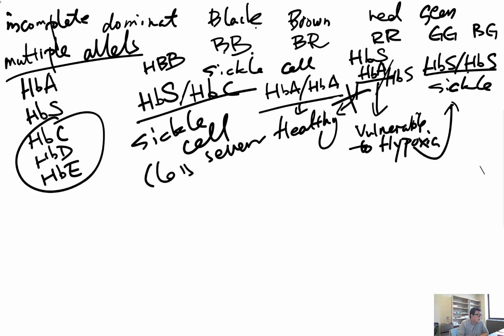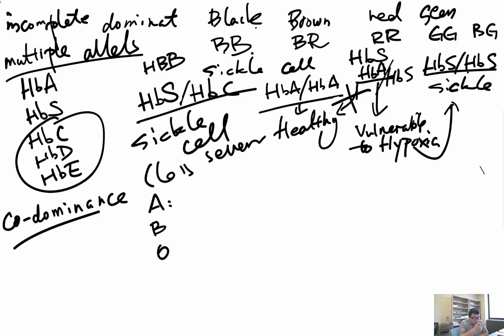And then one more thing is called co-dominance. What is co-dominance? Now we have to use the example of ABO blood type. You know, A and B and O blood type. These are determined by only one gene.